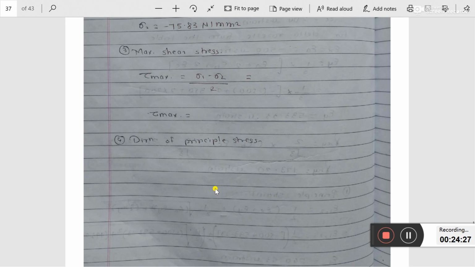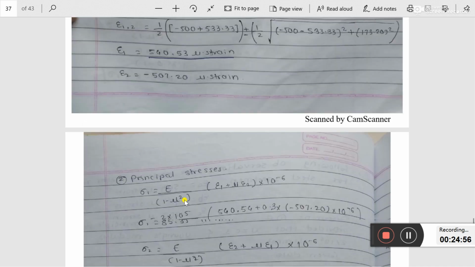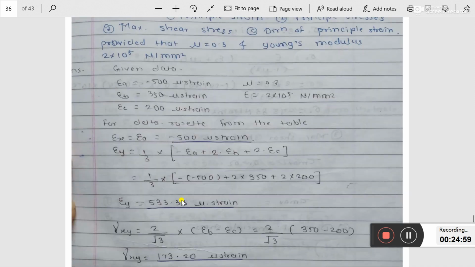So whatever phi 1 value I have calculated, I have to add 90 degrees to it, and then I will calculate phi 2. Phi 1 and phi 2 represent the direction of principal stresses or the direction of principal strain. By solving these two equations, I will get phi 1 is equal to 4.54 degree and phi 2 is equal to 94.54 degree. So like that, I have to calculate all the unknown parameters for the delta rosette.